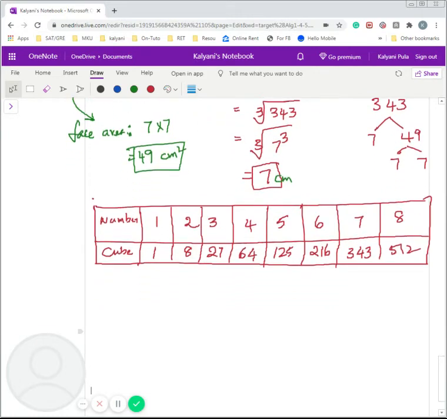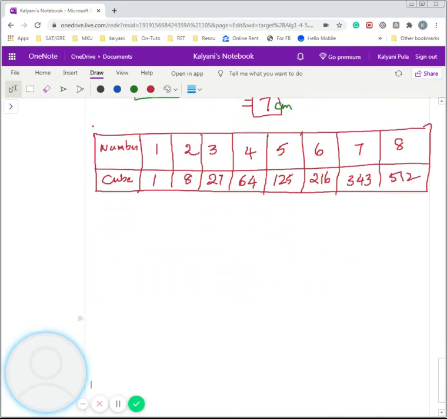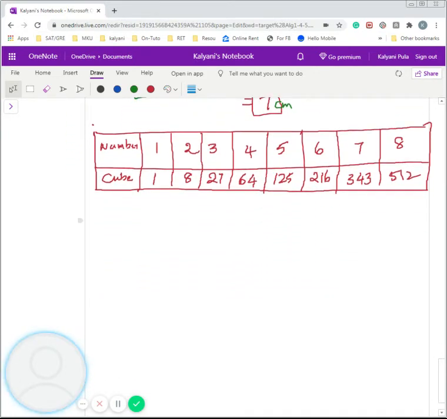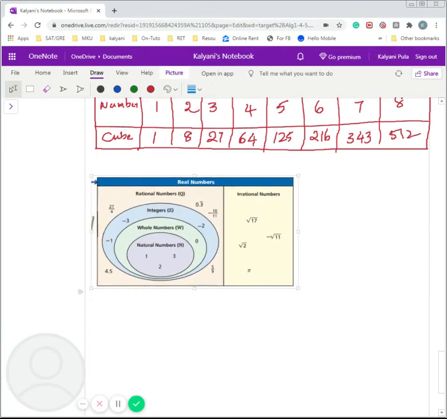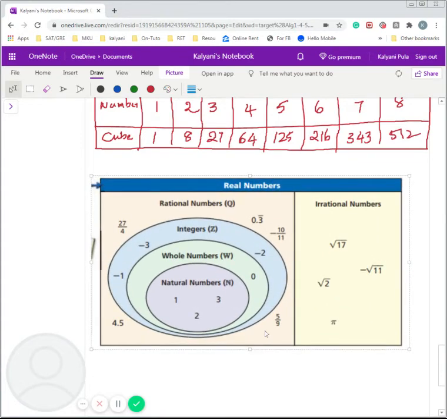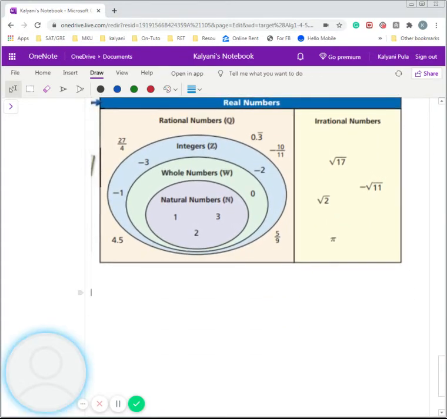You remember natural numbers, whole numbers, integers. That's what we're going to talk about quickly. Okay, so if you look at this one, I'm going to identify some of those so that I can clean this up.